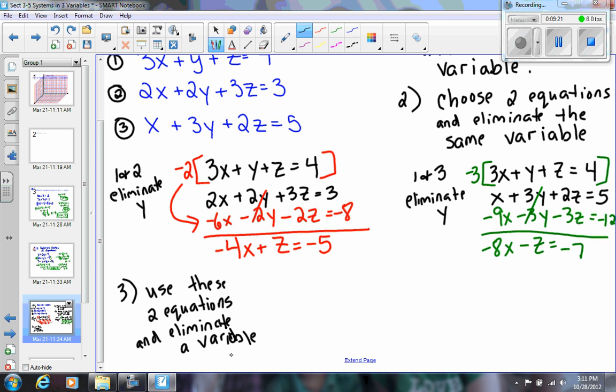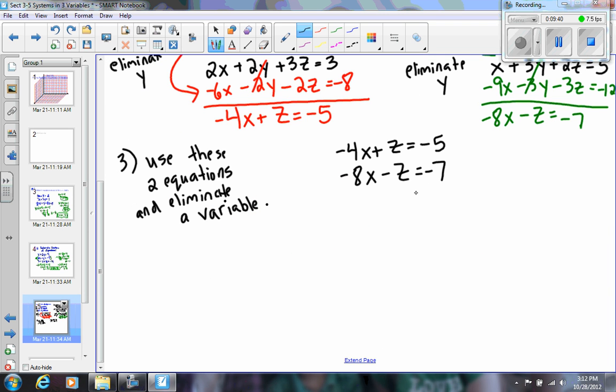Well, if we can just get that written on there. So I'll have -4x plus z equals -5, and -8x minus z equals -7.